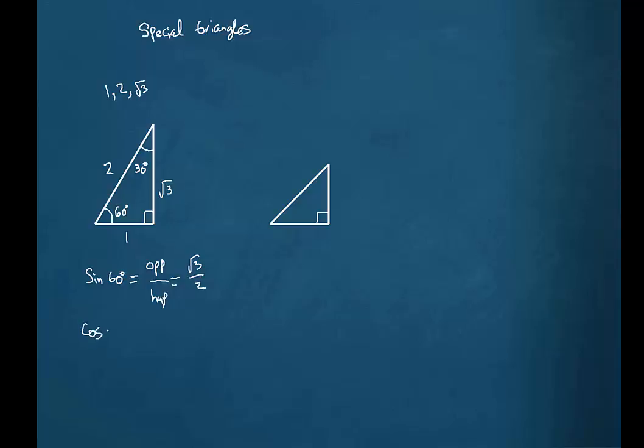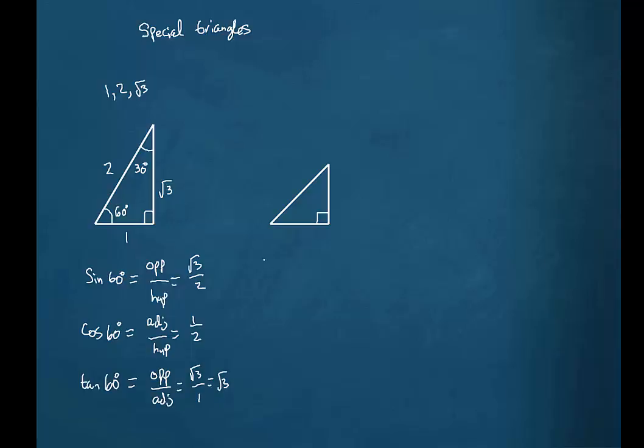The cosine of 60 degrees would be the adjacent over the hypotenuse, or 1 over 2. The tangent of 60 degrees would be the opposite over the adjacent, which would be the square root of 3 over 1, or just the square root of 3.